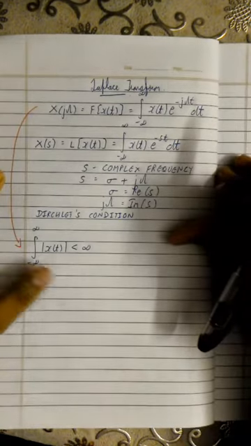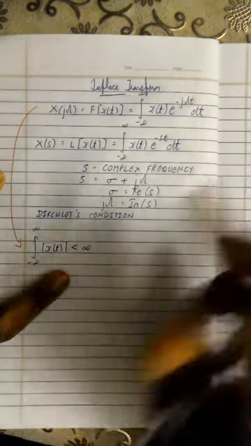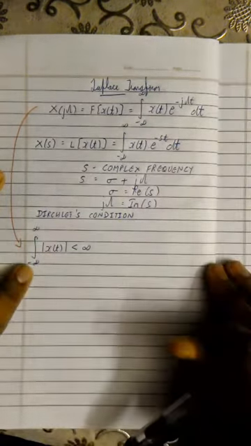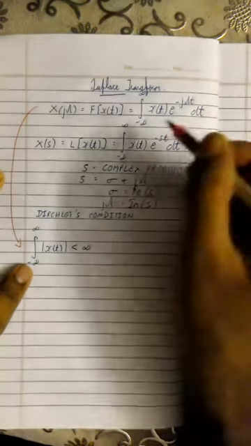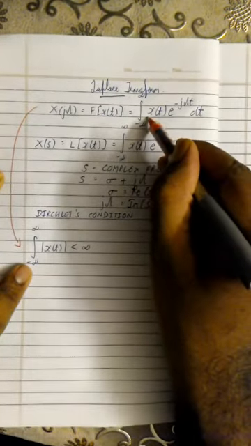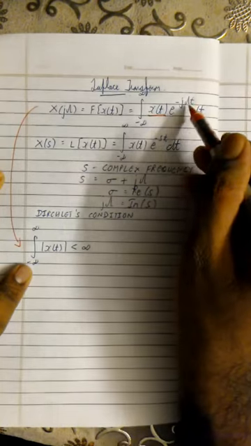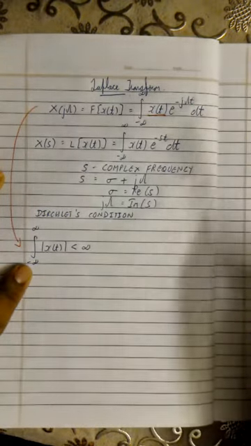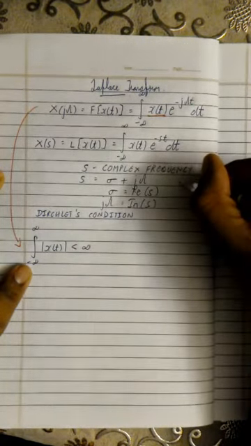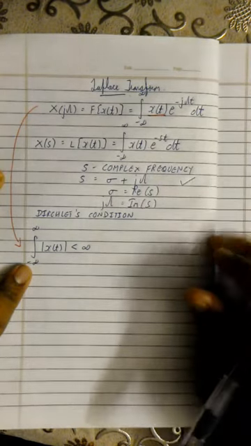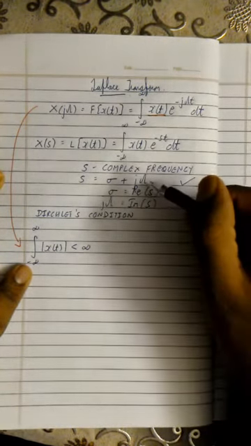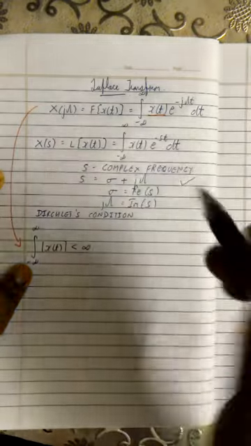Okay, so this is what you need to understand in this case. If you look very carefully, x of t is multiplied with e raised to minus jΩt. So now if I substitute the value s equal to sigma plus jΩ in this equation, let's see what we will get.